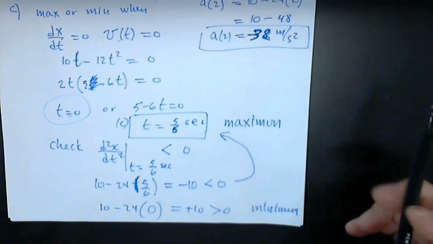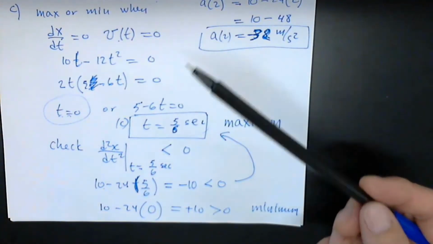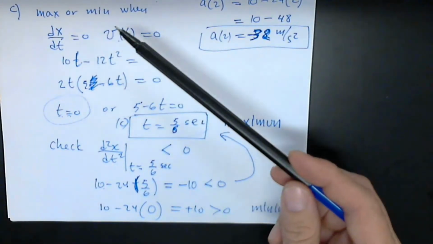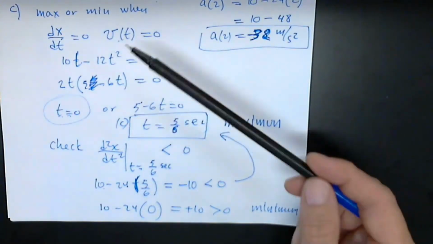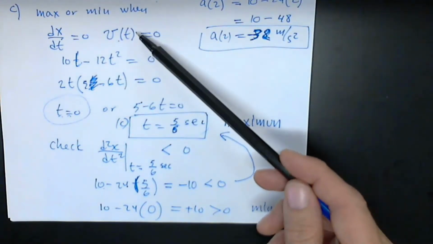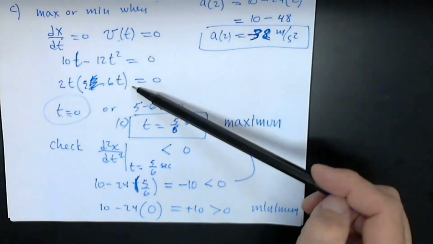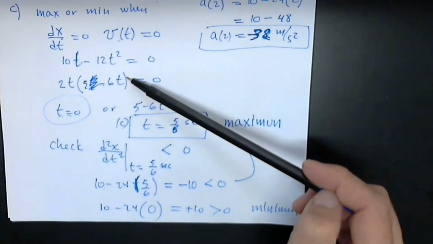Again, to recap, the maximum or minimum happens when the first derivative is 0, and the first derivative of the position is the velocity, so that happens when the velocity is 0. So you set this equation, 10t minus 12t squared, equal to 0. Take 2t as a common factor, so you get 5 minus 6t.